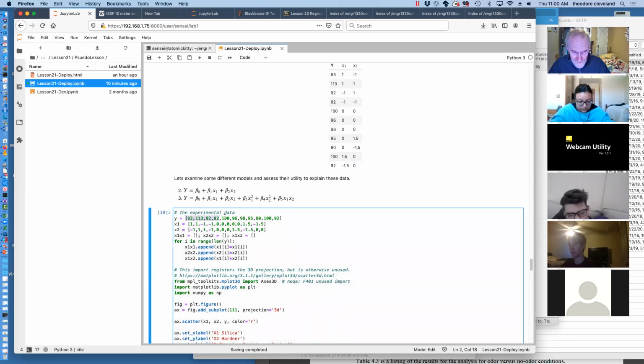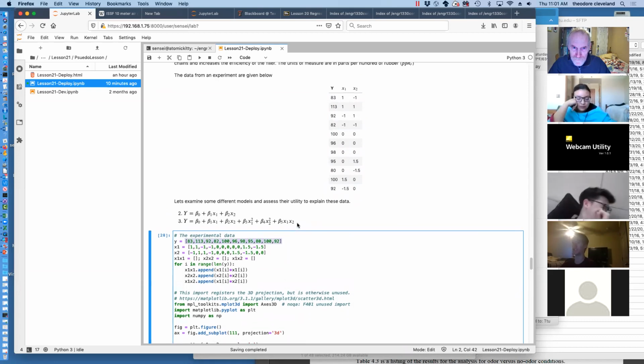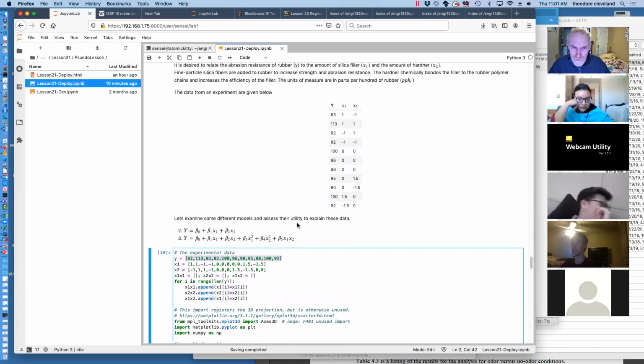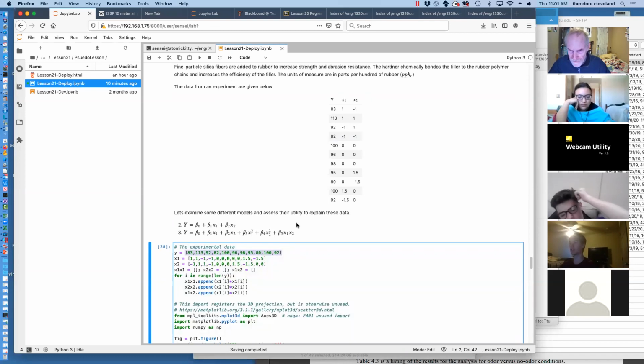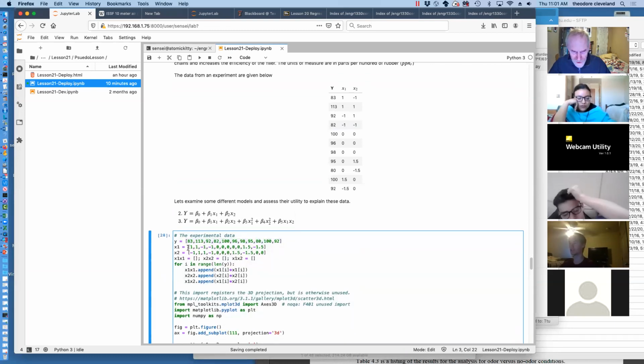So here's our experimental data. These are the abrasion resistance measures for the 3, 6, 9. I think there's 11 experiments there. These are the silica fiber additions, and these are the hardener additions.